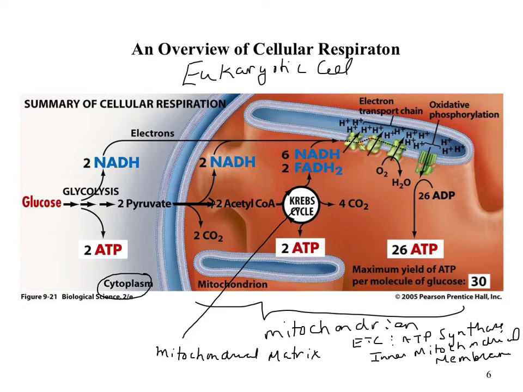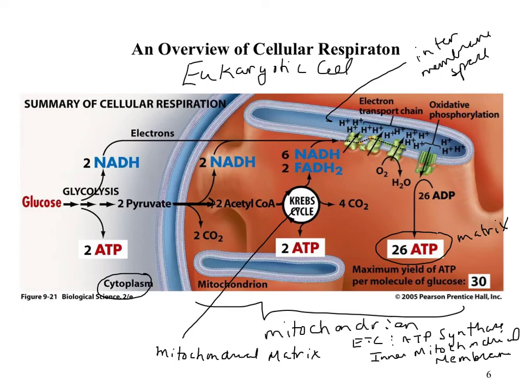We can see that the proton motive force, the protons are in the intermembrane space. And the ATP are being produced in the mitochondrial matrix. That's where all these bits and pieces are happening.